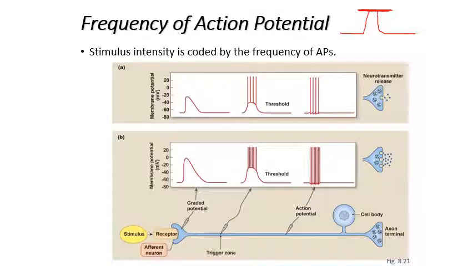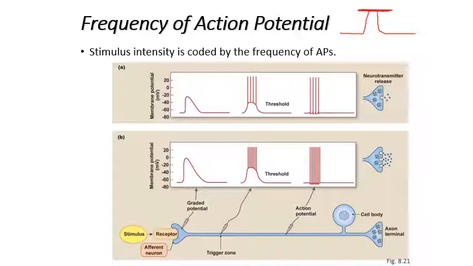So how do we see a difference? Say your sensory receptors respond. We'll use touch as an example. When I just touch you lightly, you feel a light touch, but when you press very firmly into your skin, you feel a harder touch. Why is that?